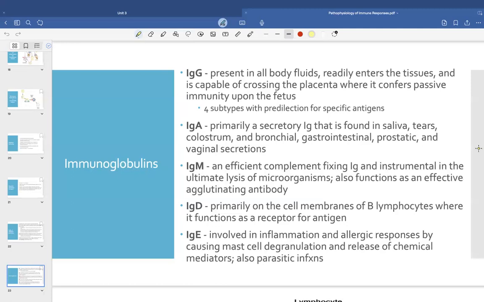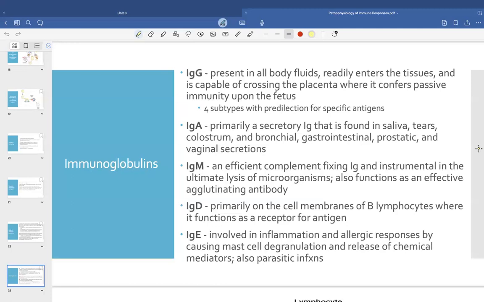IgE, everybody knows what IgE is at this point, right? Allergic, mast cells, degranulation, histamine everywhere. We know histamine is pro-inflammatory. It's going to lead to vasodilation. It leads to increased pain, the pain response.